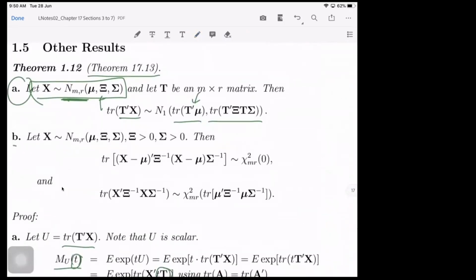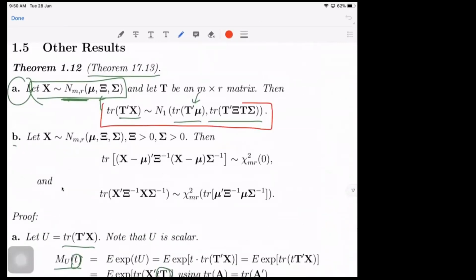And then we are done. We have shown that the distribution of the trace of t prime sigma with these conditions is still normal.